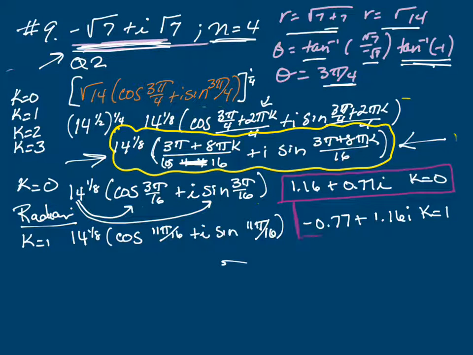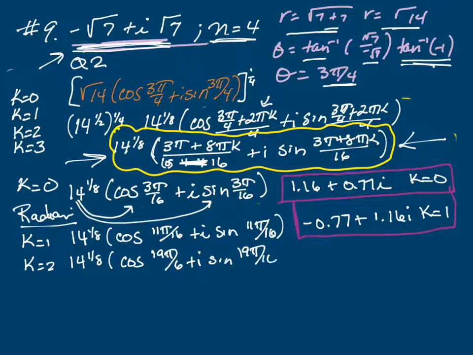So using your calculator makes things go a little faster, obviously. k equals 2 is 14 to the 1/8 times cosine of, now k is 2, so in the yellow formula it's 3 pi plus 8 pi times 2, which is 16. So that's 19 pi over 16, plus I sine of 19 pi over 16.